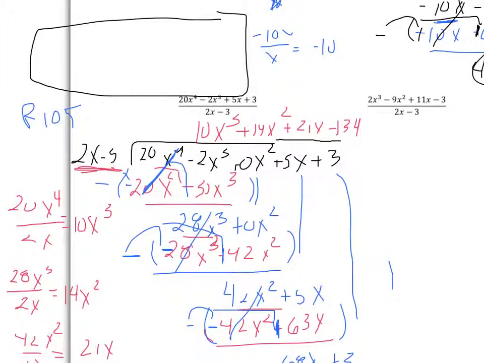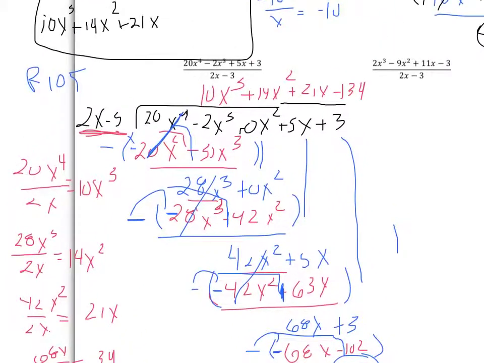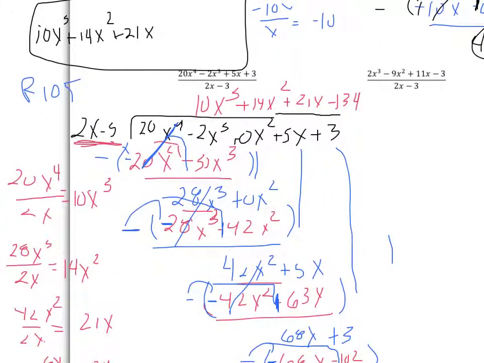We have 10x cubed plus 14x squared plus 21x plus 34, sorry, plus 34 plus our remainder 105 over our divisor 2x minus 3, and that's the answer.